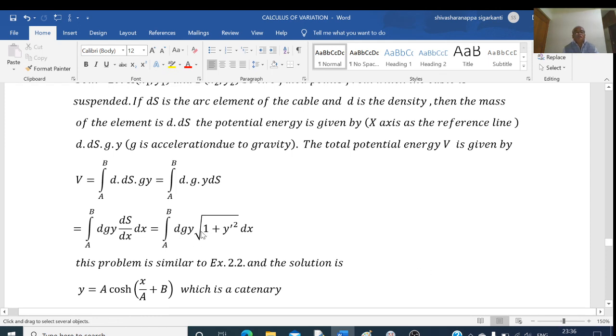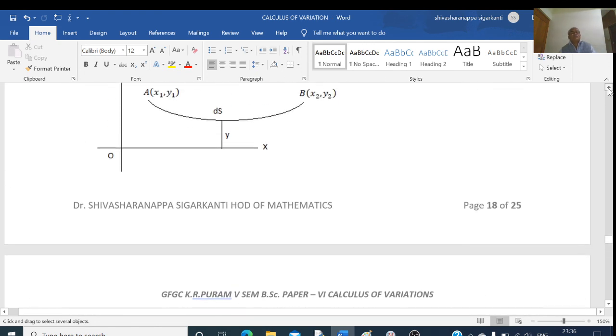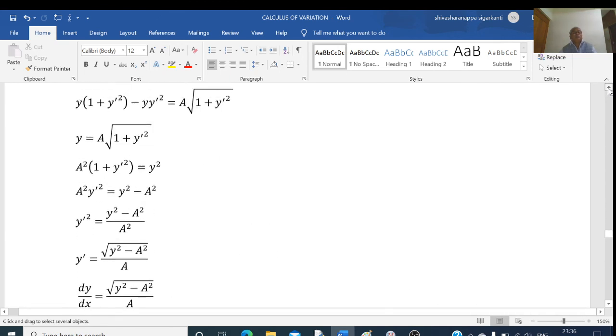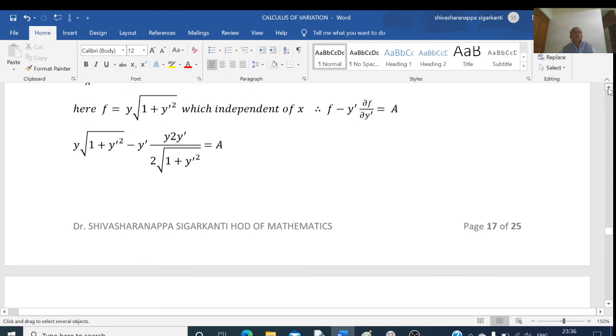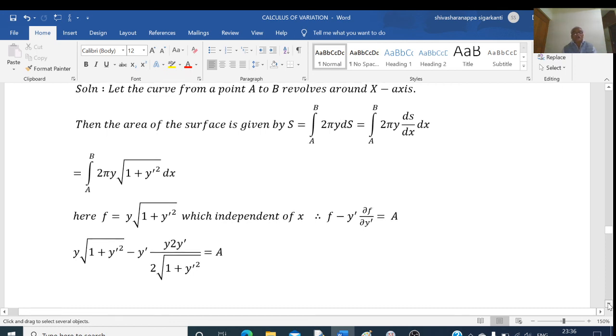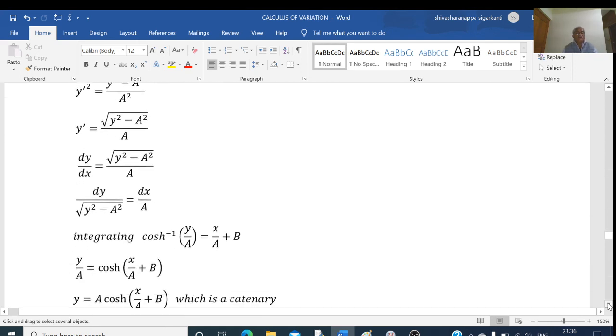See, y into root of 1 plus y dash square is there. What is f in the previous example? In the previous example also, f is equal to y into root of 1 plus y dash square. In the similar way, if I solve this, I will get the solution as catenary.